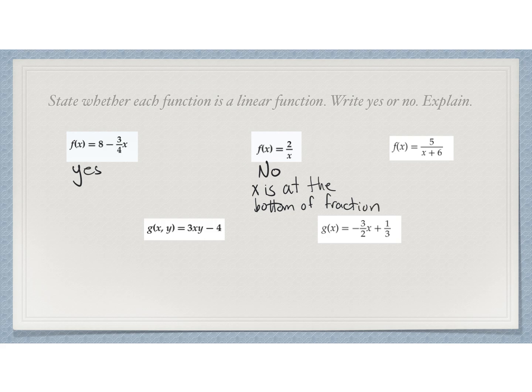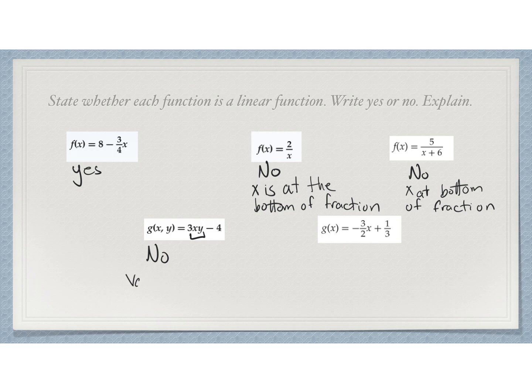The exact same reason is true for the next one. The x is at the bottom of the fraction. Then for the g of x comma y, it's also not a function. So this one's no, because we have an x and a y being multiplied.